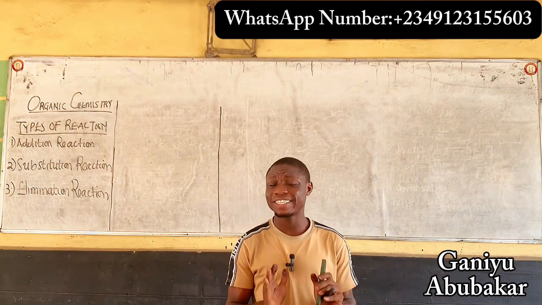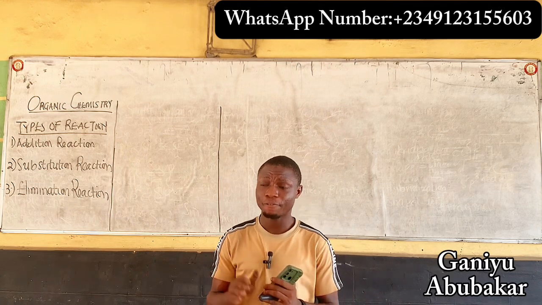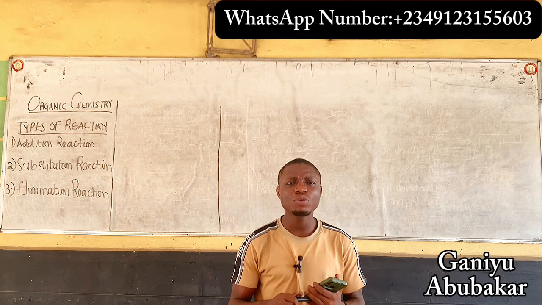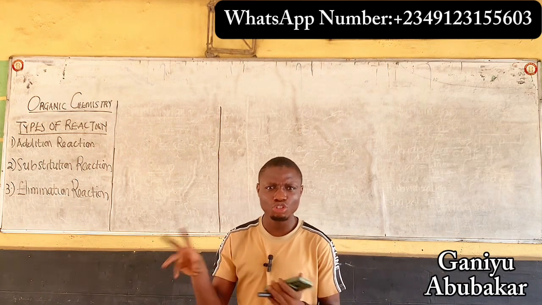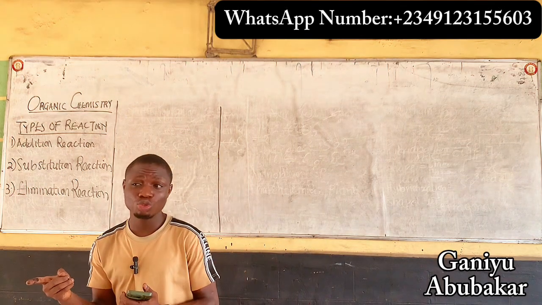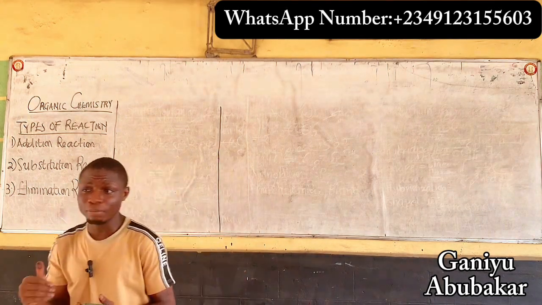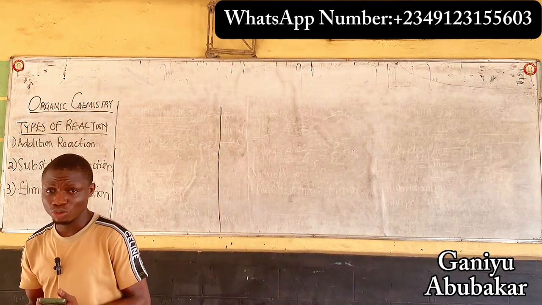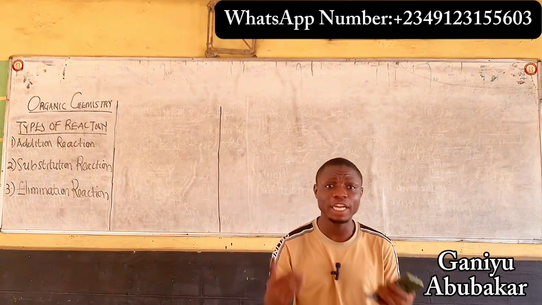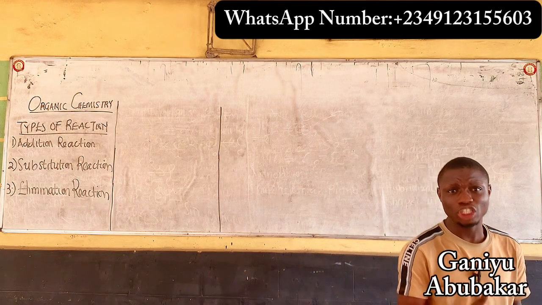Now here's the task in exam for this concept. They will give you several structures of compounds, and they will ask you to state which of them is addition reaction, which is substitution reaction, and which is the elimination reaction.